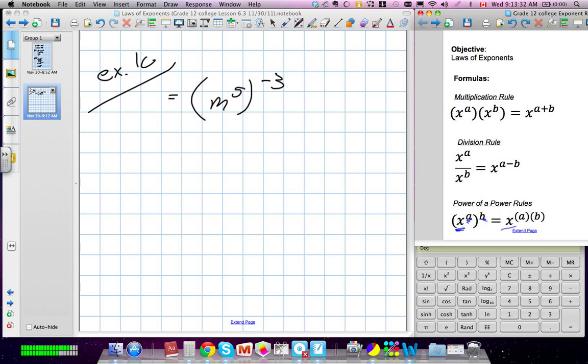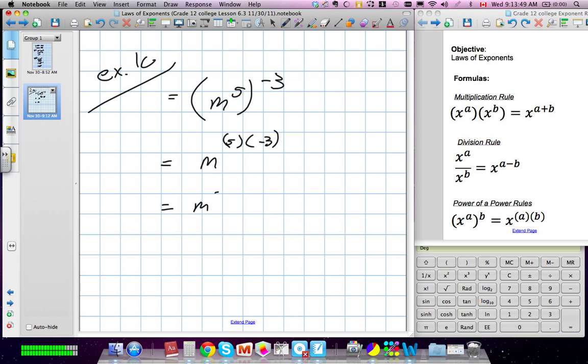So, we keep the base the same, we have m, and we multiply our 2 exponents. 5 times negative 3. M is equal to negative 15. Does that make sense to you guys?